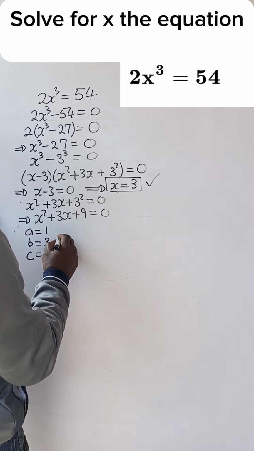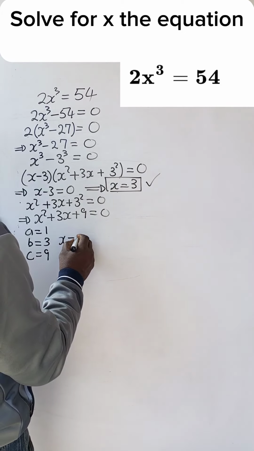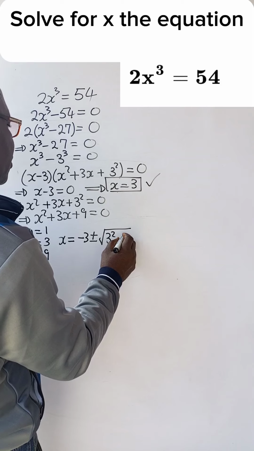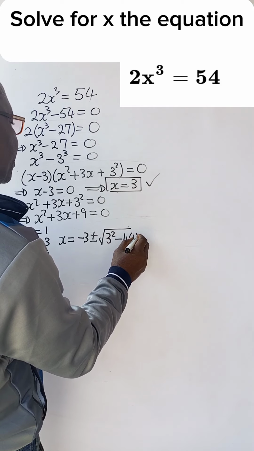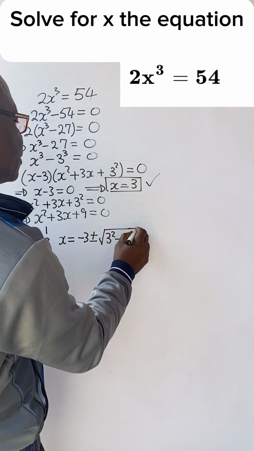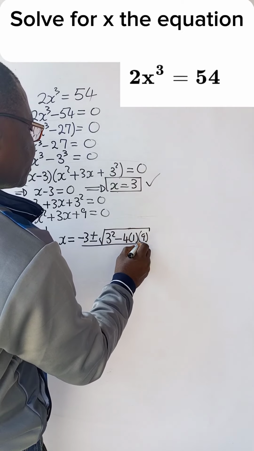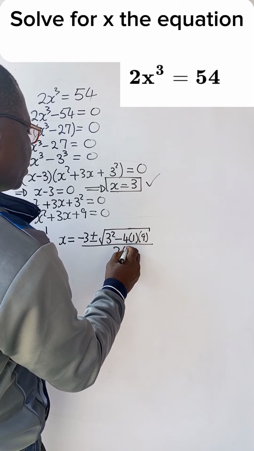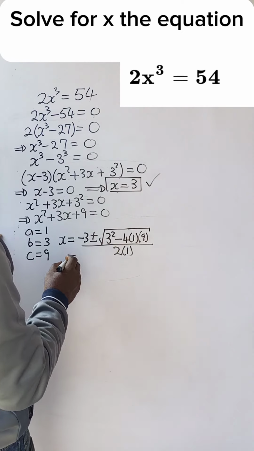So we'll obtain x is equal to negative 3 plus or minus the root of 3 squared minus 4ac, all of that divided by 2a. Let's progress.